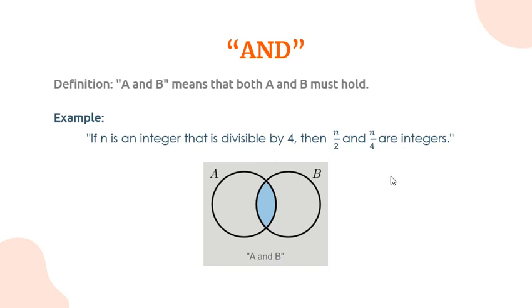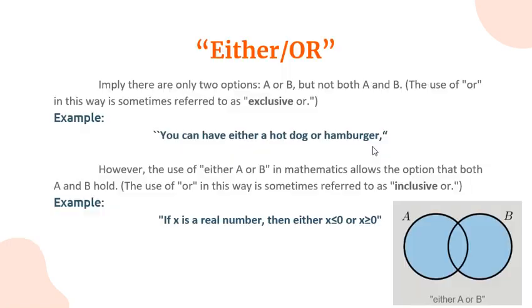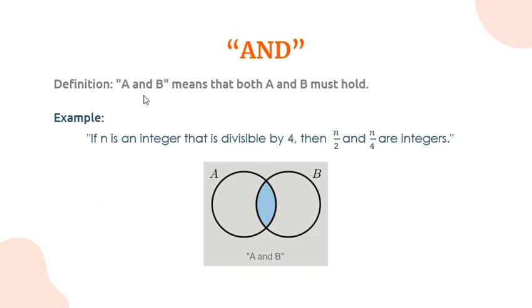So based sa ato ang connectives ganina para ani, so P and Q is true when both of them are true. So it should be that both of the statement is true, so that mahimo po siyang ang value ani niya is true.